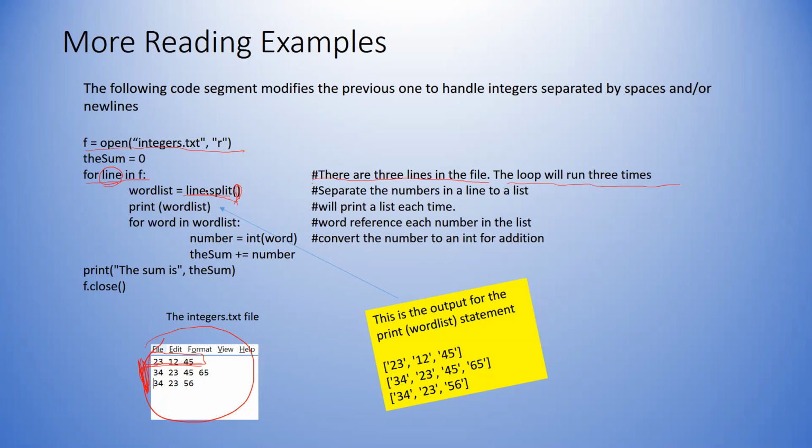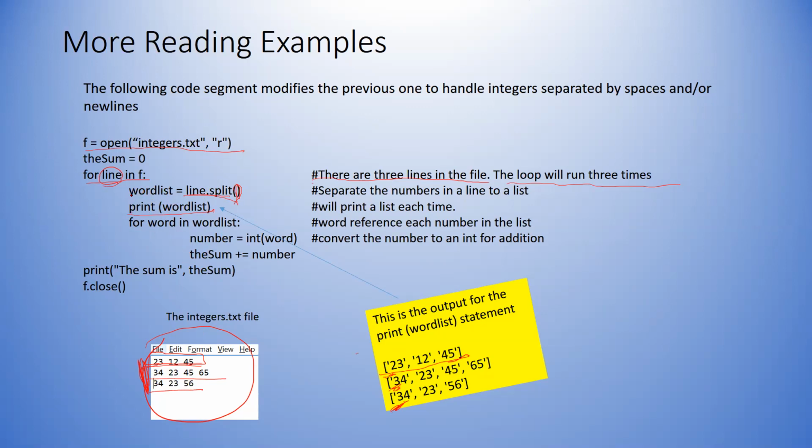Okay, and then once we split it, I'm printing it out just so that you can see. Okay, this is after it's split, right? This is the output for the print word list statement. So the first time it will be this one, the second time it's this one, the third time it's this one. Okay, that's the 3 lines split into separate individual elements.